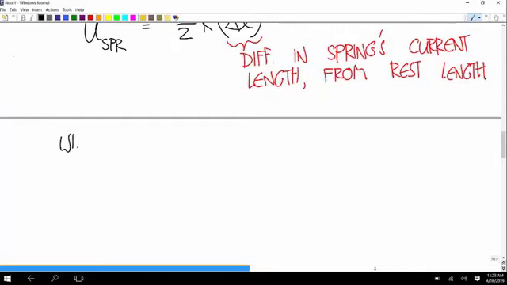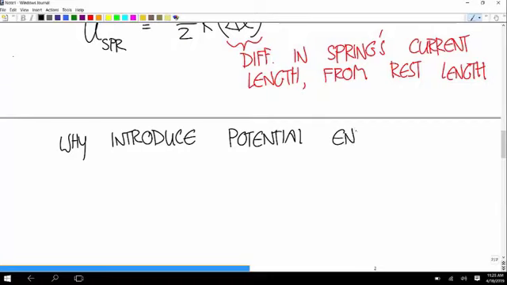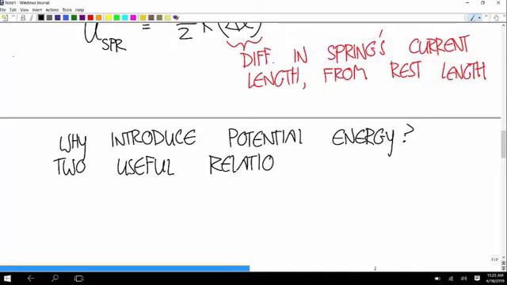So why introduce potential energy? It has two useful relationships with other quantities we often want to know.